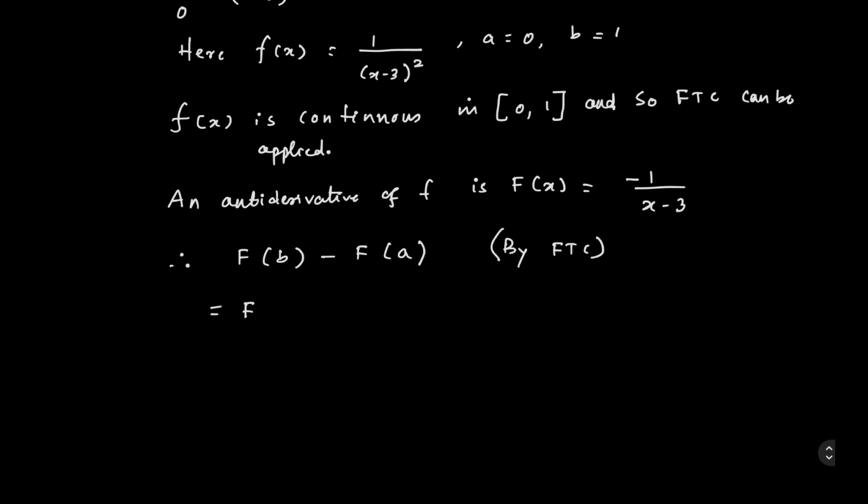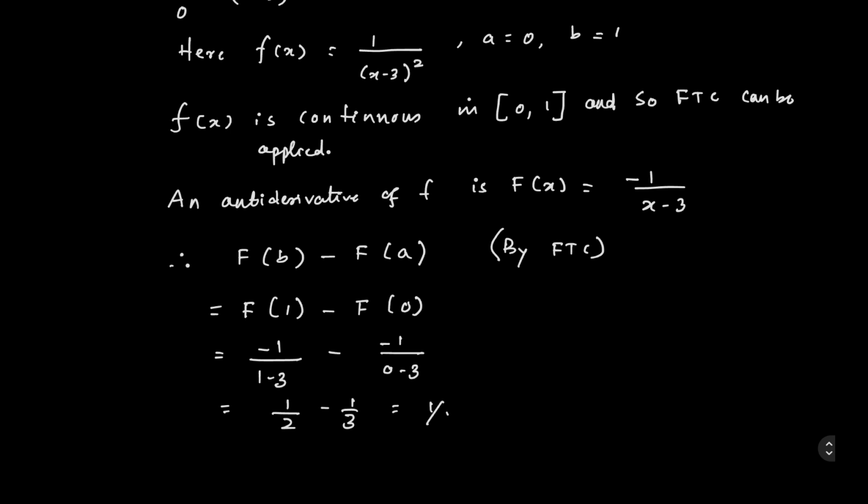So that is F of 1 minus F of 0. So F of x is negative 1 by x minus 3. So 1 by 1 minus 3 minus 1 by 0 minus 3. So 1 by 2 minus 1 by 3. So the answer is 1 by 6.